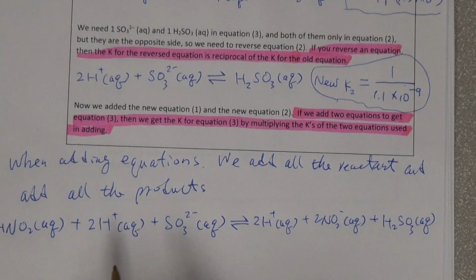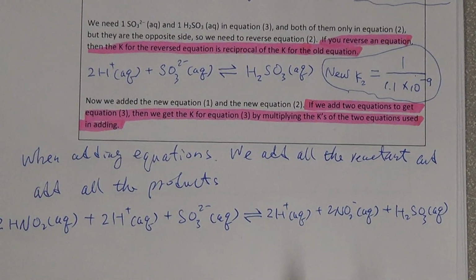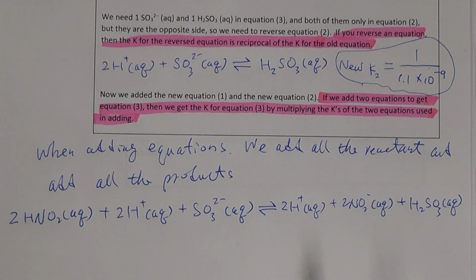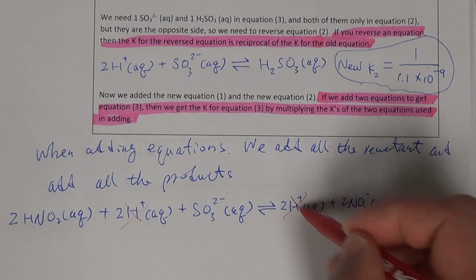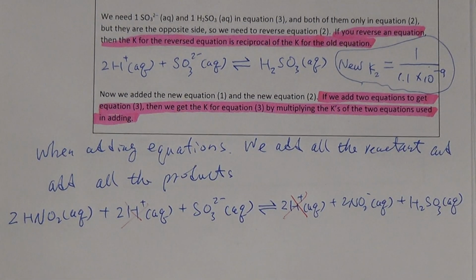And then you can see there is something common on the left side and also on the right side. What is common is this 2H plus, 2H plus. So we cross these two out.